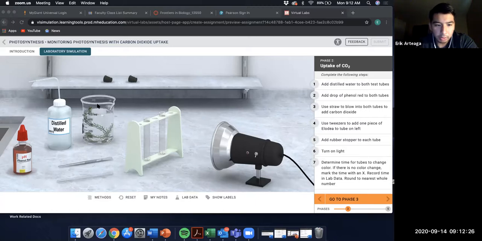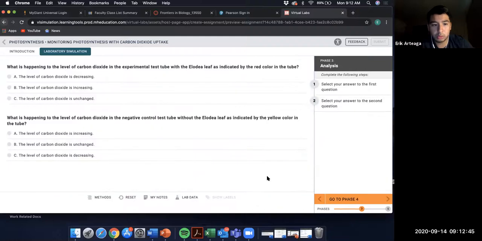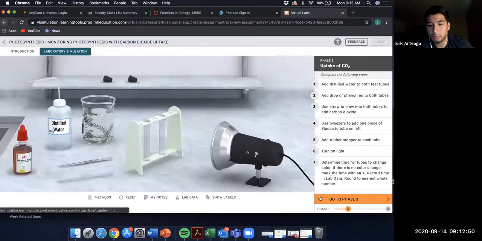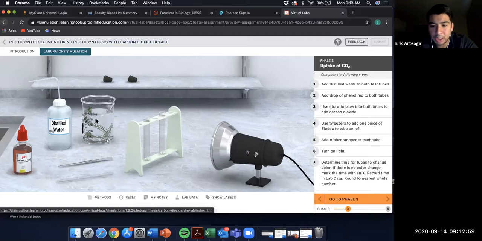So mainly, this experiment is going to be referring to how you can acidify the environment with CO2, among other things, right? This phenol red is going to show how photosynthesis works in terms of the light and the uptake of the gas.